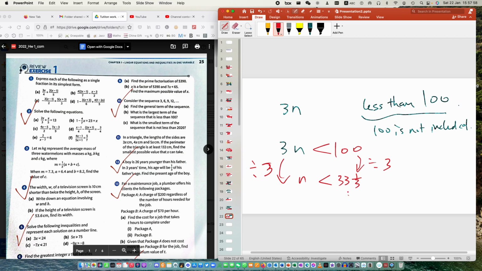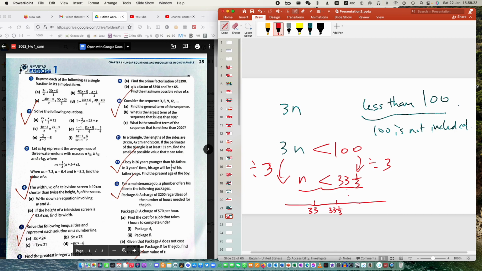But in this case, your n must be a whole number, right? So before you choose the answer, you need to represent this on a number line first. 33 and 1/3. So what's on the left? 33.